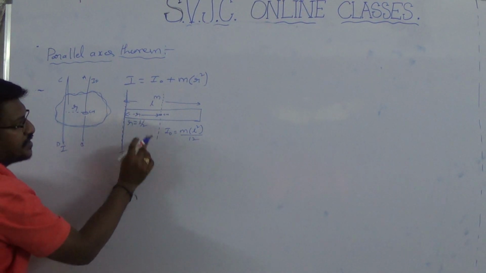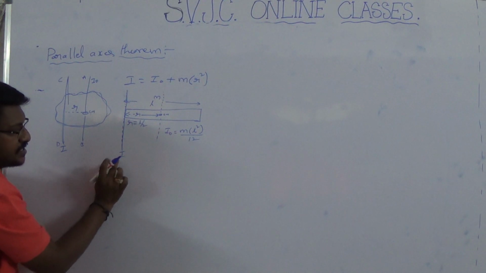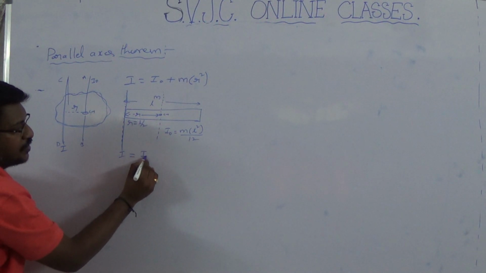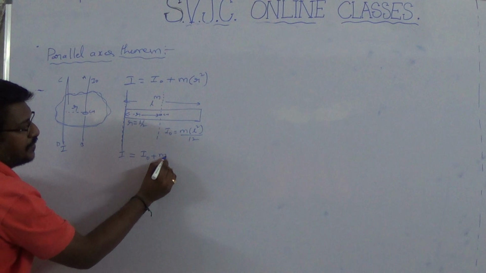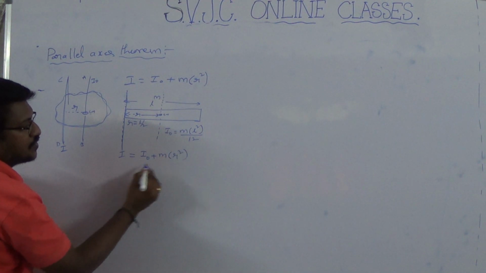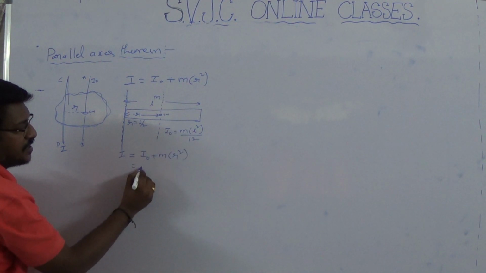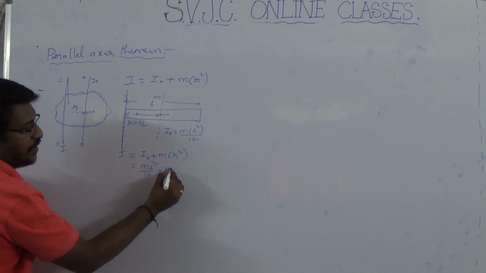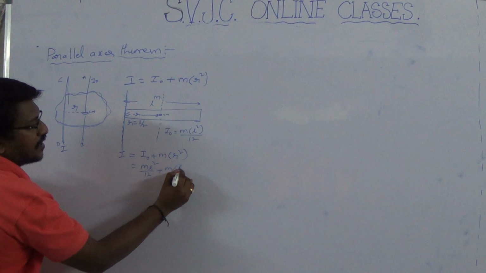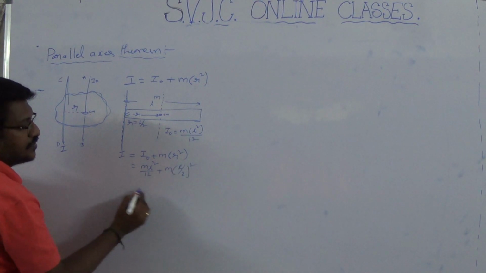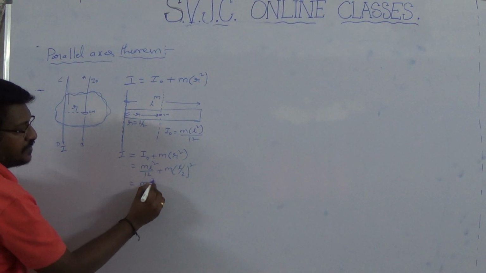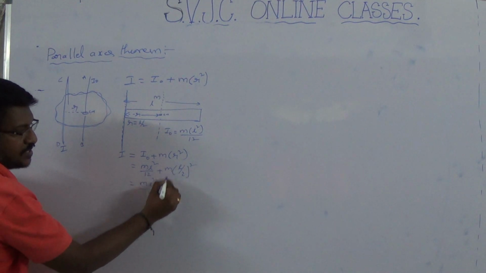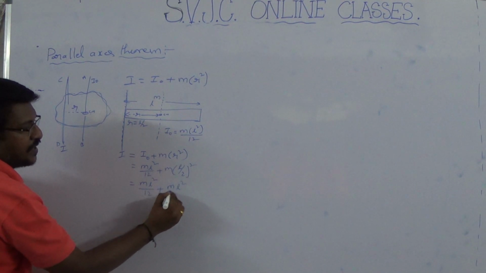So the moment of inertia of this rod with respect to this axis we can write using the formula I equal to I naught plus m r square. So we get I naught, m l square by 12, plus m into r, here l by 2, whole square. That equals m l square by 12 plus m l square by 4.